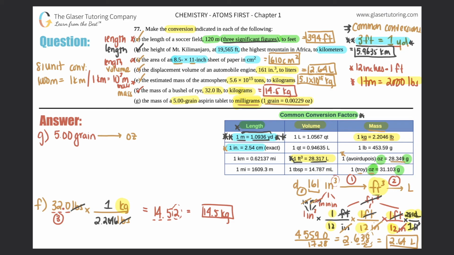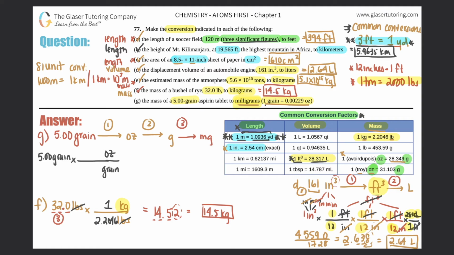So grains to ounces is the first conversion. Then we can go from ounces to grams. That would be the second conversion based off of this conversion. And then we can use our SI unit based milligram conversion that you should memorize. So let's try it out. 5.00 grain times grain on the bottom, and ounces goes up on the top.